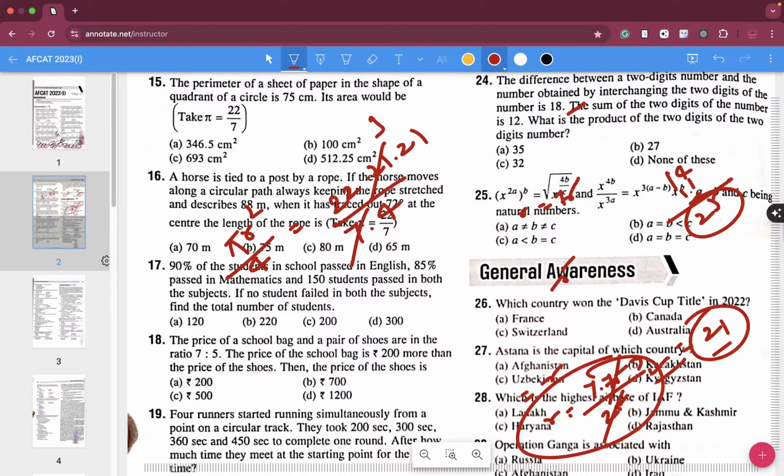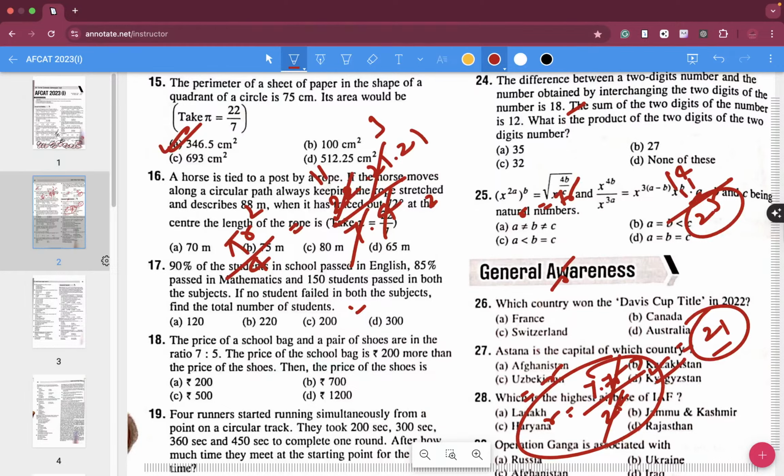This one gone 3 times, this one gone 11 times. 11 into 3 into 21. So 33 into 21 divided by 2, so you get 346.5 as the answer to this particular question. So this is the answer for this particular question.